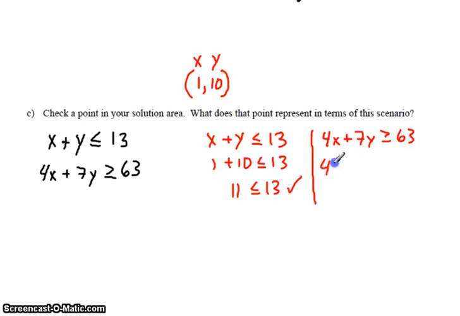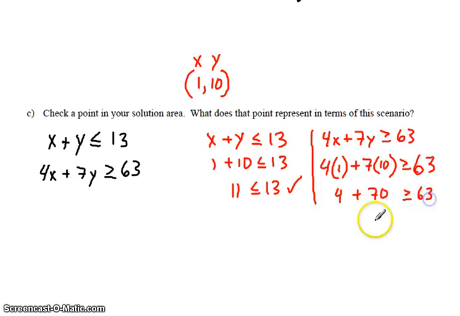So this would be 4 times 1 plus 7 times 10. And I can already see this is going to work. 7 times 10 is 70, but we'll go through the formality of this. This would be 4 plus 70 is greater than or equal to 63. So 74 is greater than or equal to 63, and that is of course true as well.